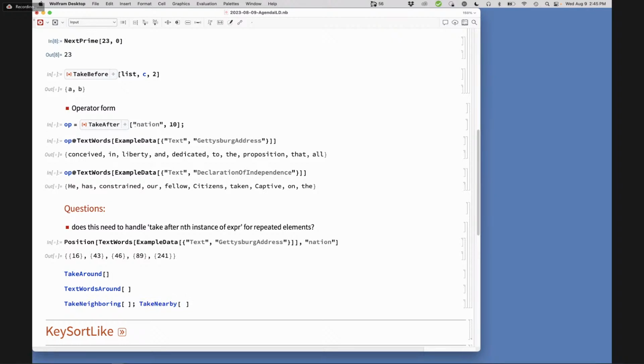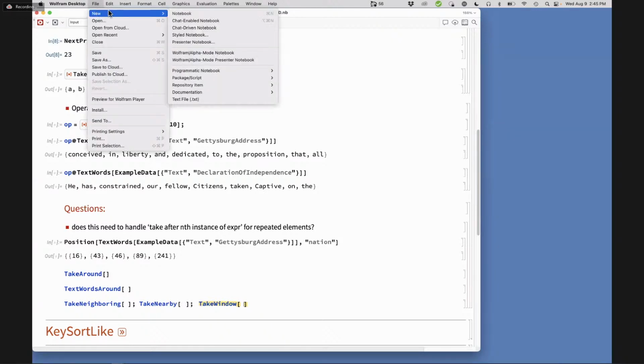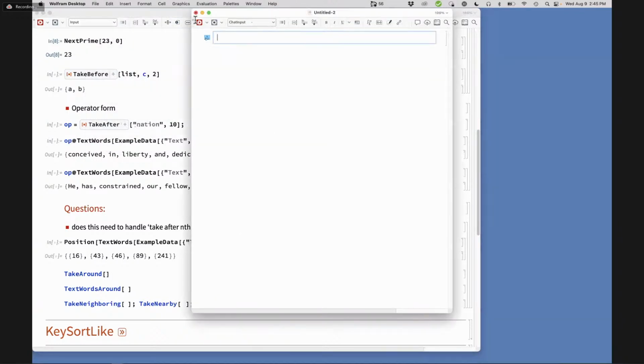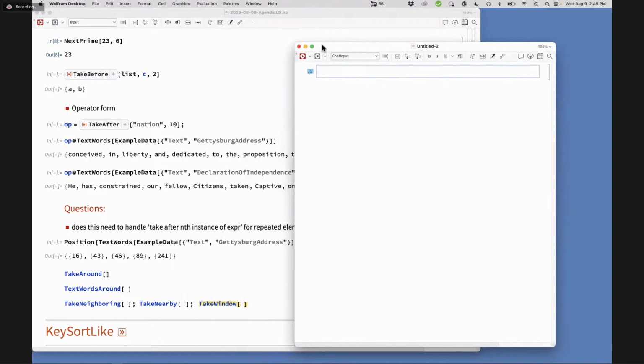Maybe take window. What else is a synonym for that kind of thing? Take near. Take before, after. Take adjoining.